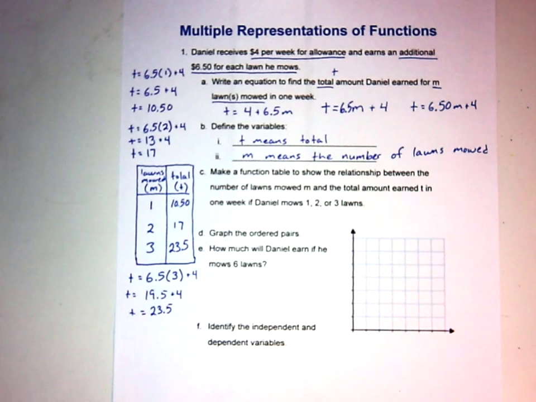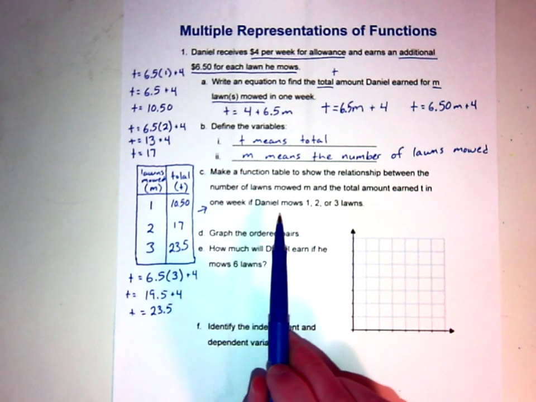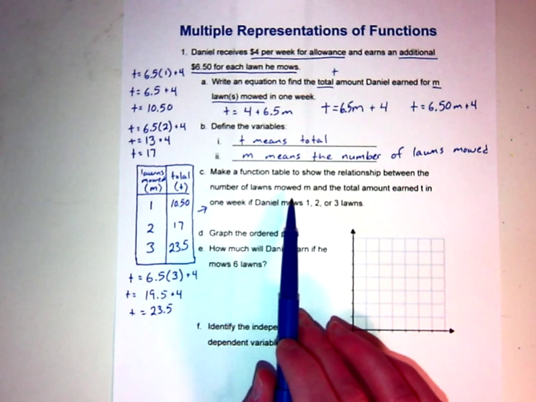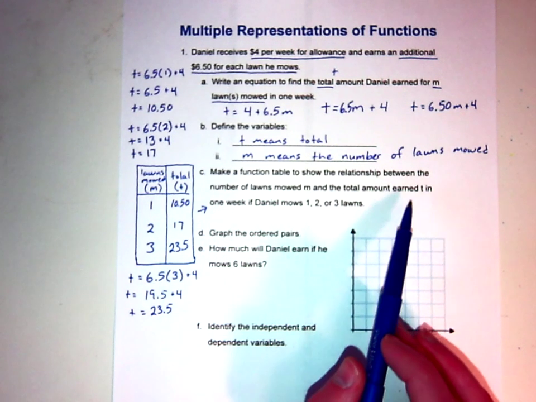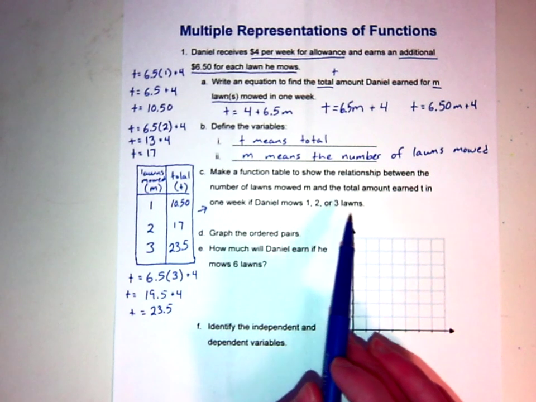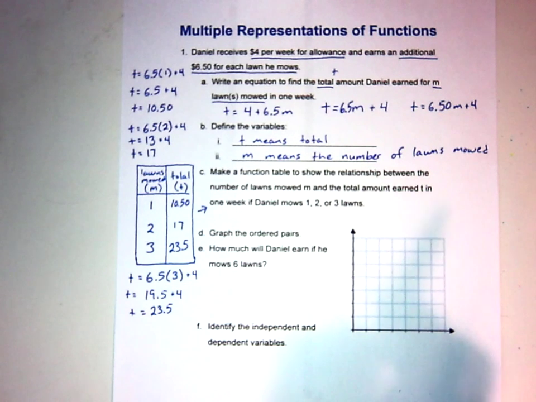I have a graph created over here because this was the answer to C. It said to make a function table to show the relationship between the number of lawns mowed M and the total amount earned T in 1 week if Daniel mows 1, 2, or 3 lawns. So we've got C right there. D is graph the ordered pairs.